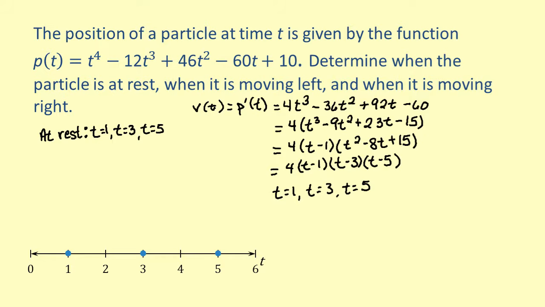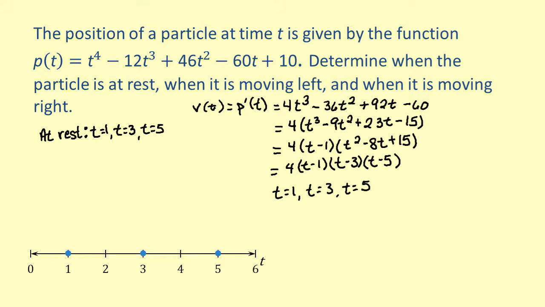Now we'll determine the sign of the functions for values in each one of the intervals. The easiest way to do this is by looking at the factored form of the function. The first factor, 4, will always be positive, so we don't have to worry about that. Now, let's consider a t-value that is between 0 and 1.